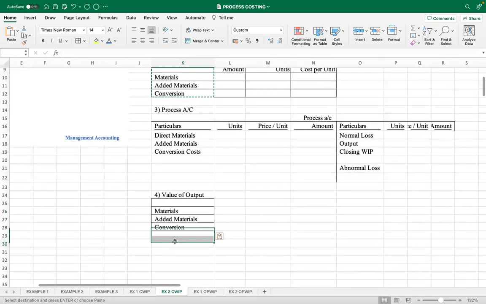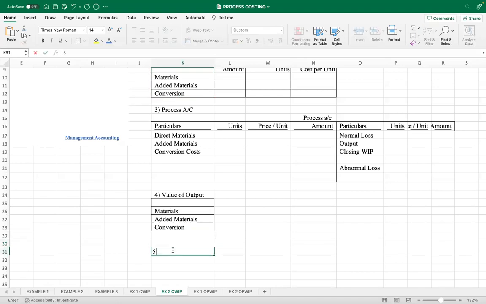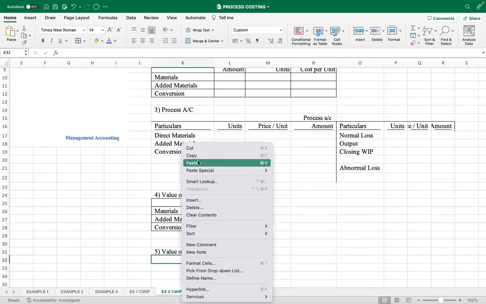Value of output. Number five, value of closing work in progress. I'll also paste whatever I copied.